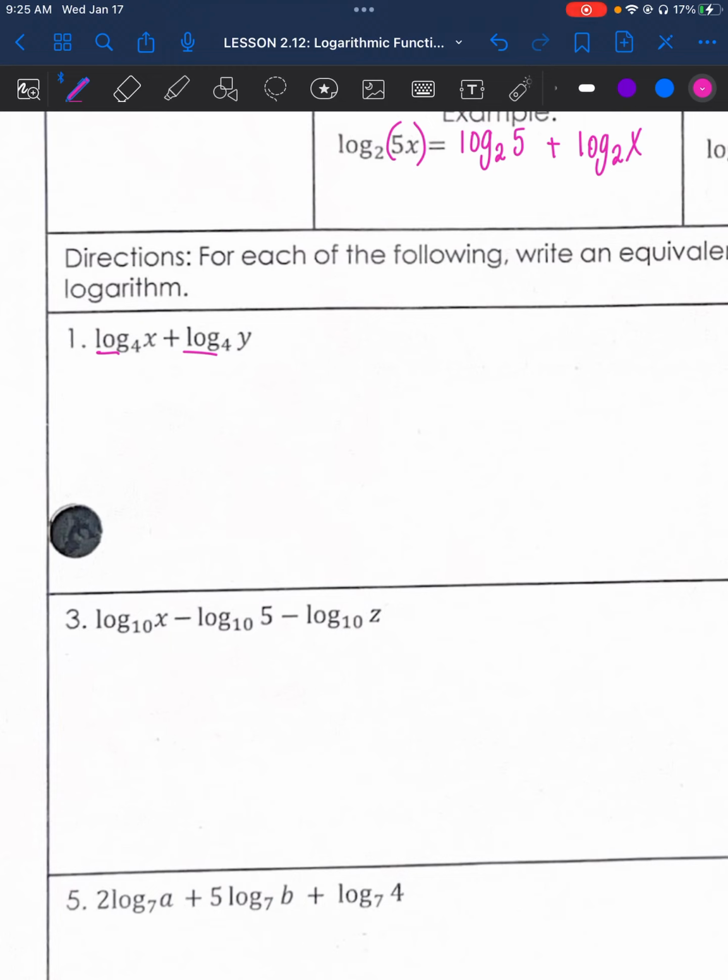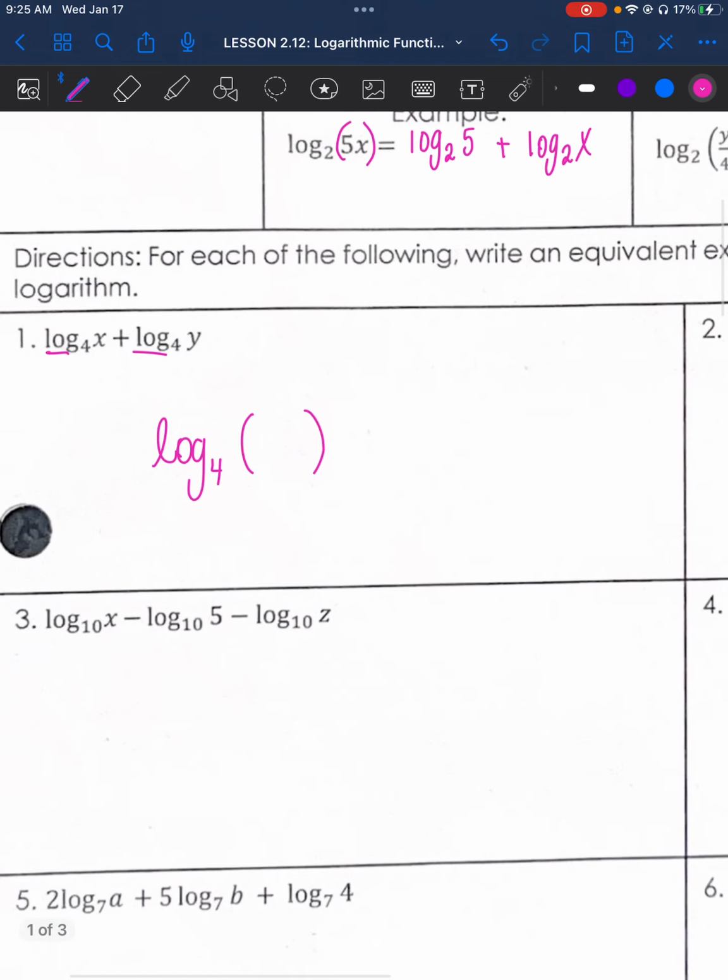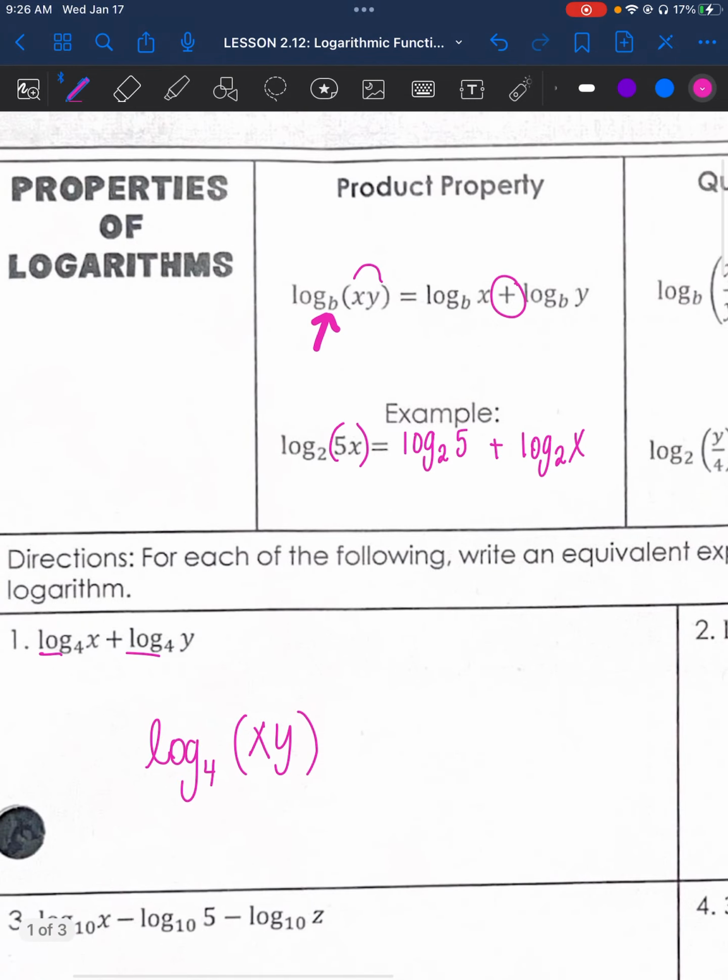So this is log base 4 of x plus log base 4 of y. I want it log base 4 of something. And it's going to be xy, x times y. That's the product property.